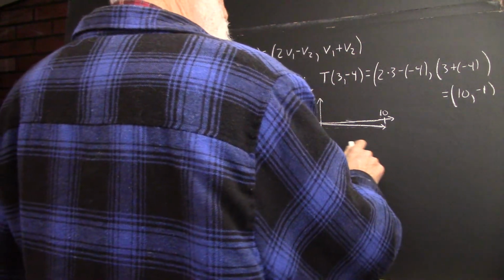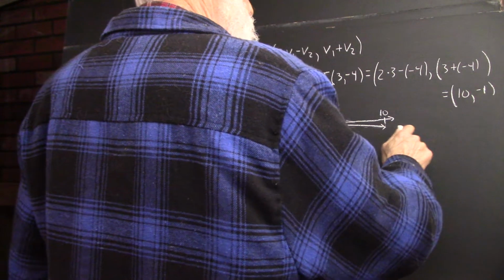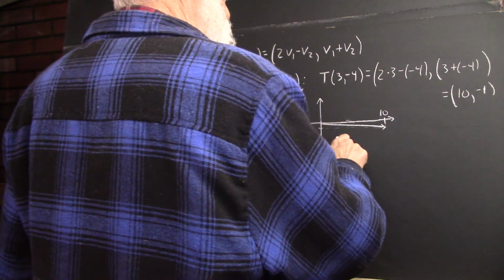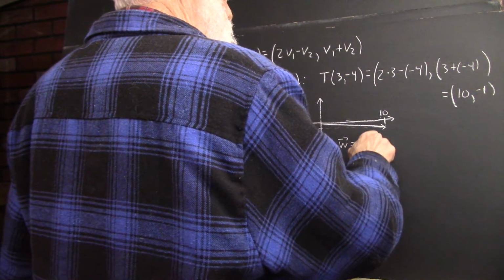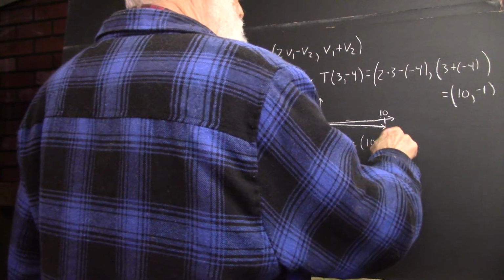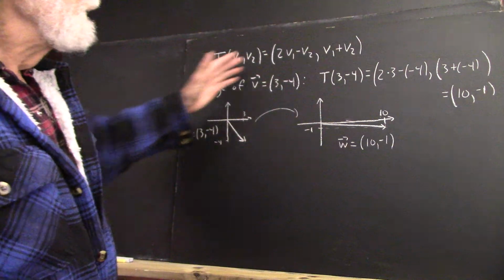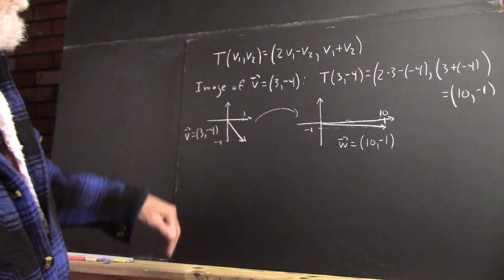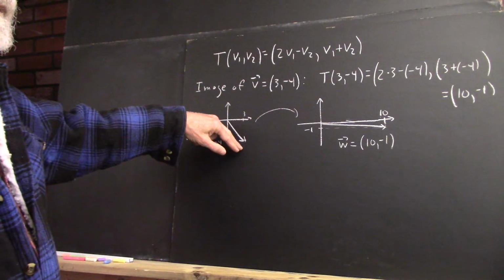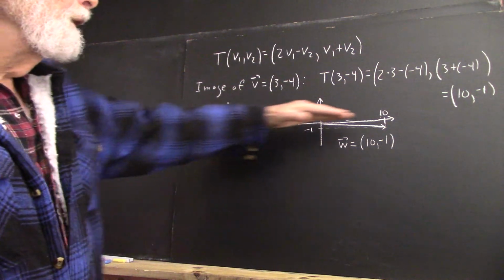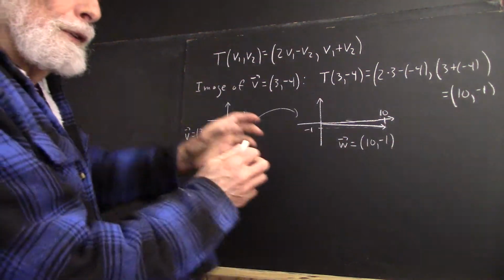This vector is what we're going to call W. We see that this transformation has taken this vector and rotated it to this angle and stretched it out.